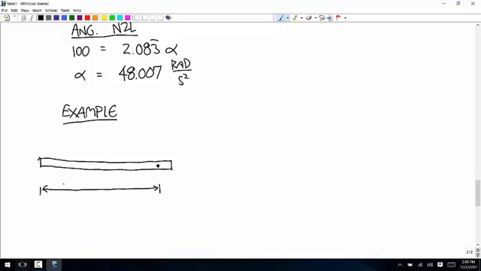Okay, so let's say this is, let's say that's 1 meter. And that's 0.1 meters. And here, let's say we apply a force of 200 newtons.